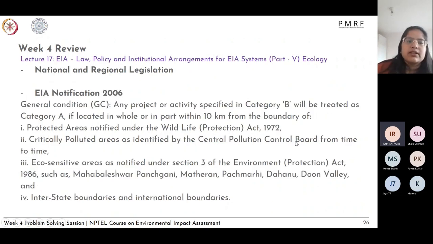Then in lecture 17, we look at the national and regional legislation on ecology. So we have the EIA notification, whose general condition is that any project or activity which is specified as category B will be treated as category A if it is located in whole or in part within 10 kilometers from the boundary of protected areas.